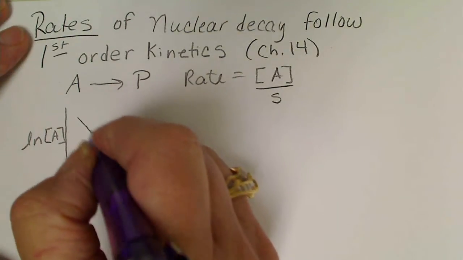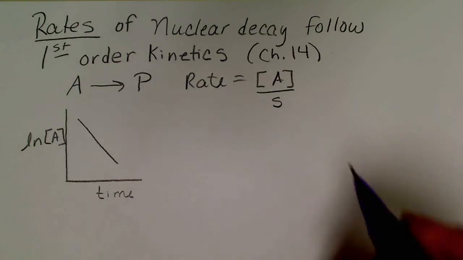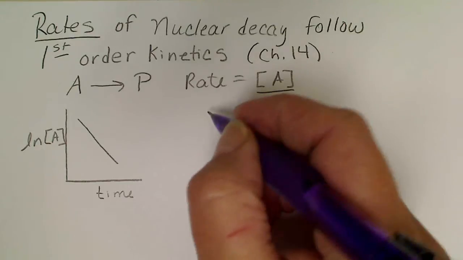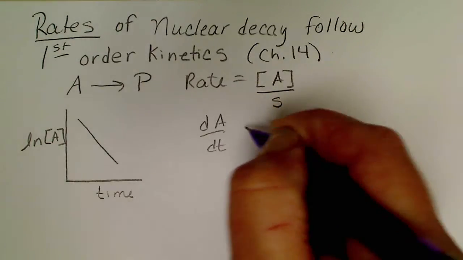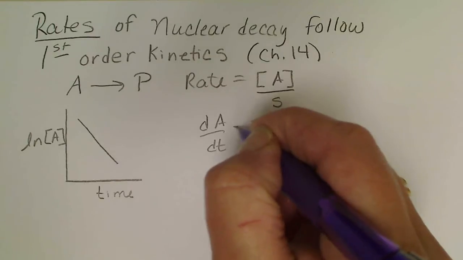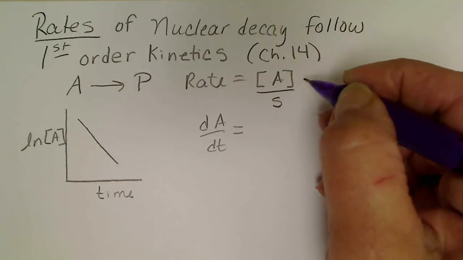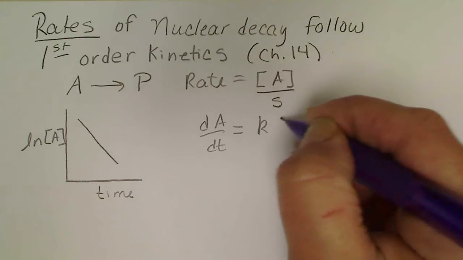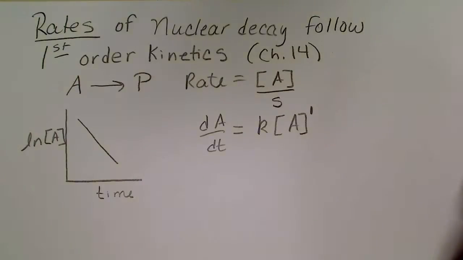And this was found to be a linear relationship, and that really came from calculus, doing dA/dt, setting the rate itself equal to the rate constant times A to the first power.